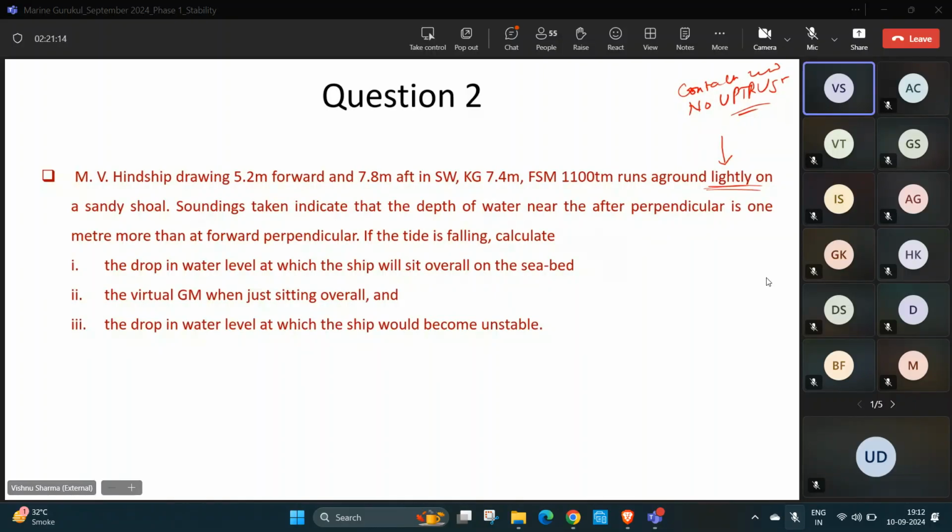Aground lightly means contact is made at one point or all over. That's not the issue. Contact is made, but there is still no upthrust. Is the meaning of the word lightly clear, class?